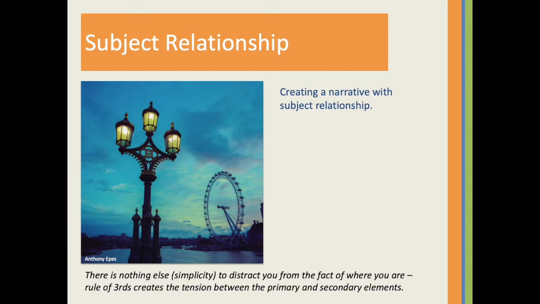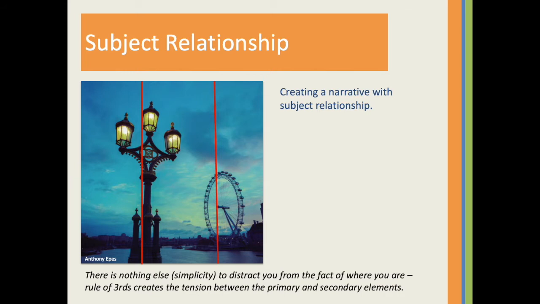There is nothing else. It's really simplicity. So we have our main element on one third, and then we have the wheel in the background. And that creates tension between the primary and the secondary element. We have subject relationship. We know where we are. We've created a bit of storytelling here.